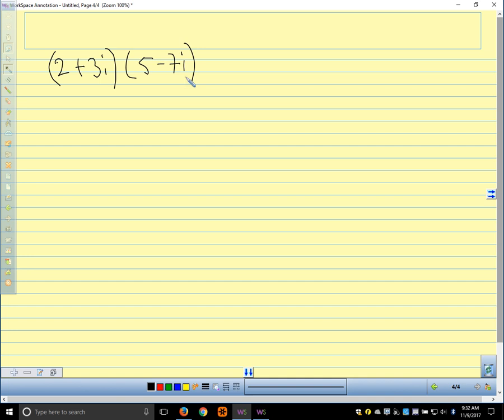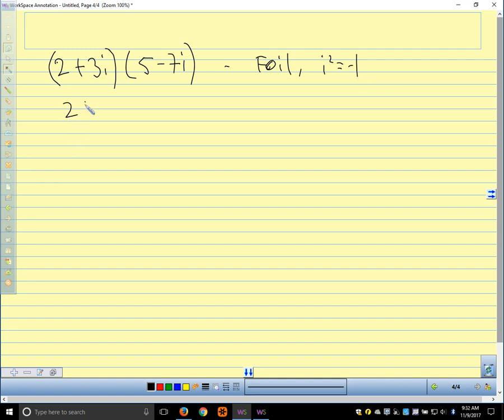Do we remember? In general, what do you do when you multiply two parentheses like that together? FOIL. We have to FOIL. We have to distribute. And remember that i squared equals negative 1. So we FOIL this out, combine like terms, remember that i squared is negative 1, and then rewrite it.